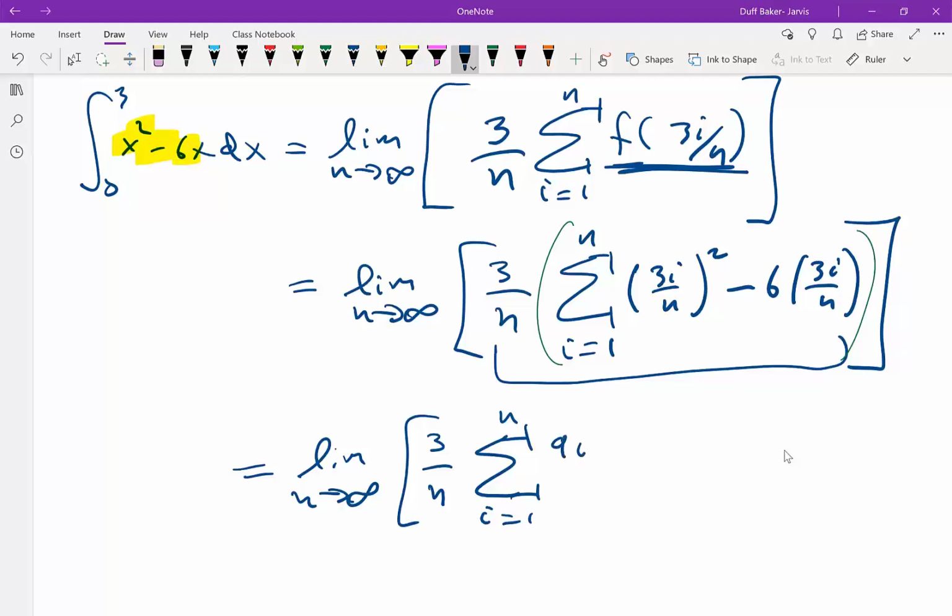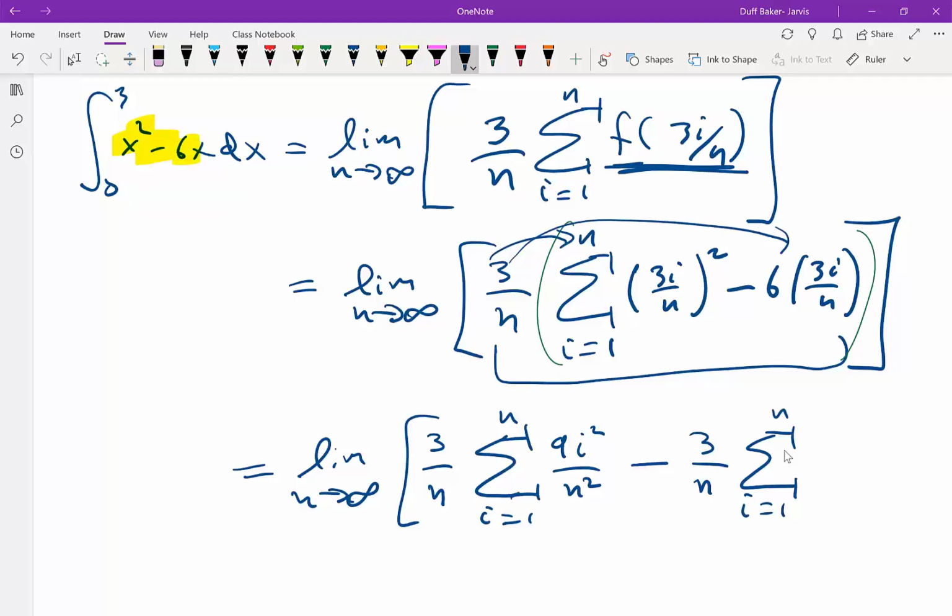This will be 9i squared over n squared. Right, so this will go on both, so I get another 3 over n on the second term, times 18i over n. So we can split it up like that.